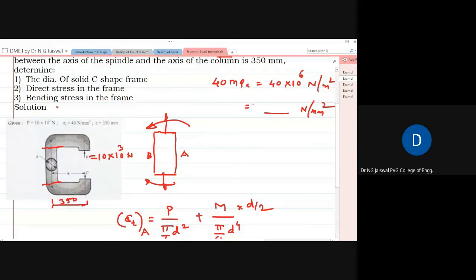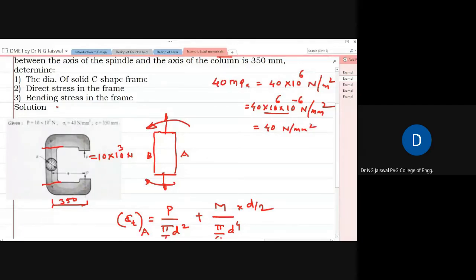This is 40 into 10 to the power 6 Newton per meter square. I'm converting to Newton per mm square. Right? So again, I'm getting 10 to the power minus 6. Ultimately, you get 40 Newton per mm square only.